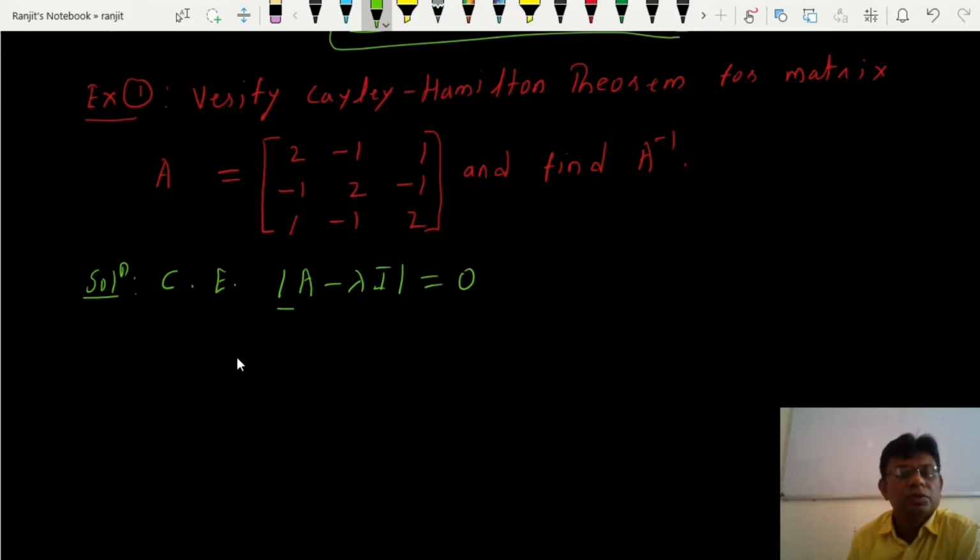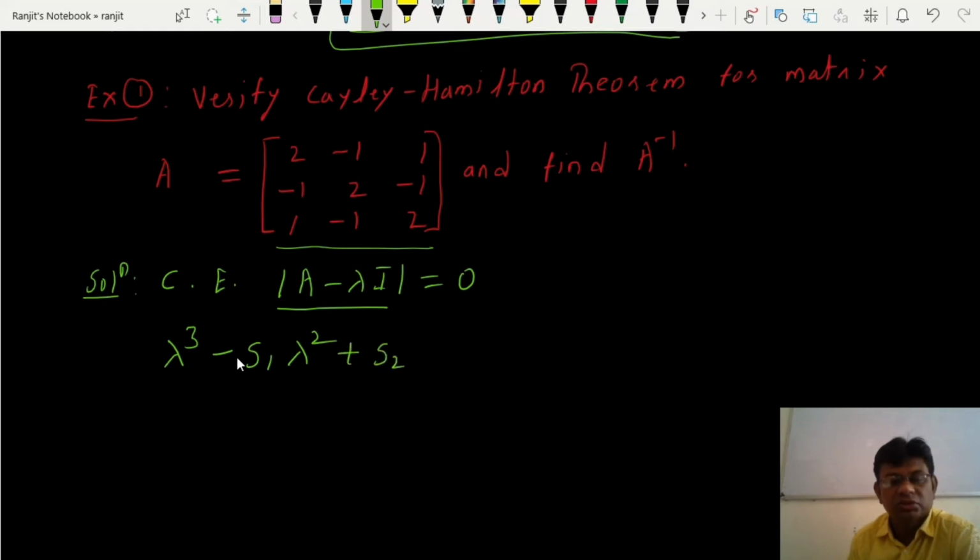Now I am going to tell you some simple tricks for the expansion of determinant A minus lambda I. Now, order of A is 3. Therefore, we write the characteristic polynomial of degree 3 as lambda to the power 3 minus S1 lambda square plus S2 lambda minus determinant A is equal to 0.